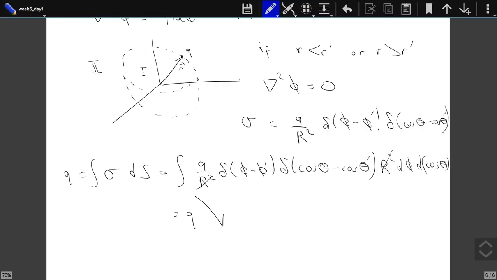Now let's write down the potential in region 1. You see, in region 1, let me write this, L, and summation over L goes from 0 to infinity, M goes from minus L to plus L. Those are the limits of my summation. Now, in region 1, there is a point at origin which has r is equal to 0. My potential should be finite at r is equal to 0.